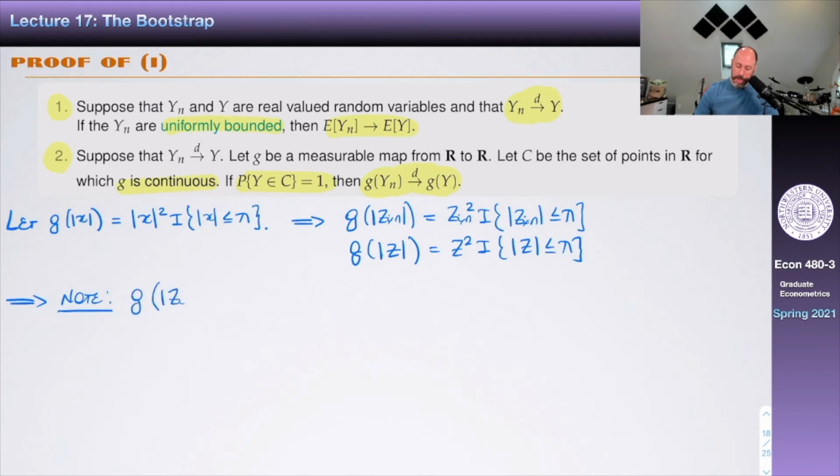Note that g of z_n takes values in 0 to lambda squared, so it is uniformly bounded.